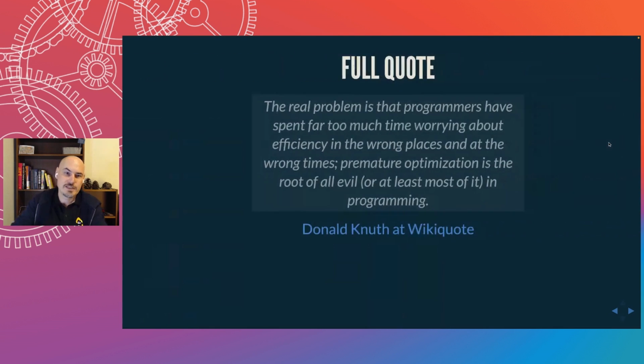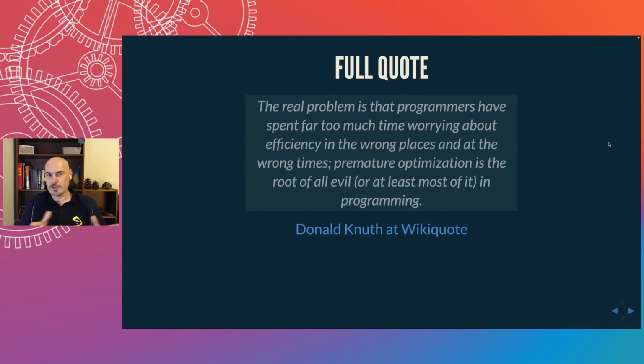So what he actually wrote in one of his papers is that the real problem is that programmers have spent far too much time worrying about efficiency in the wrong places and at the wrong times. And then, premature optimization is the root of all evil.